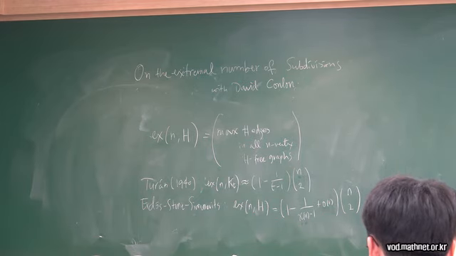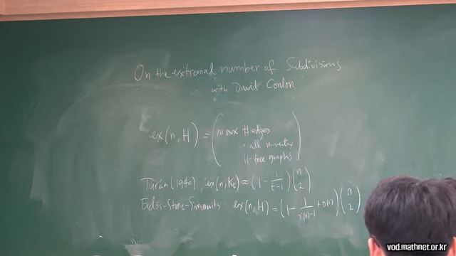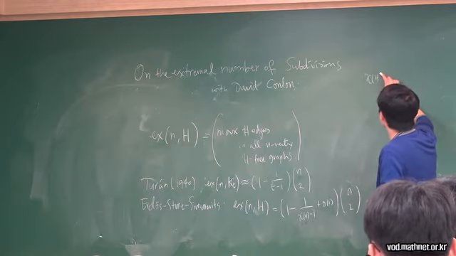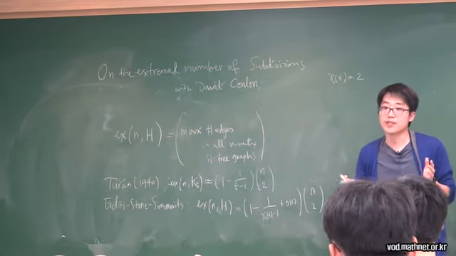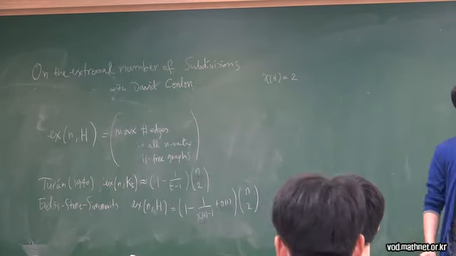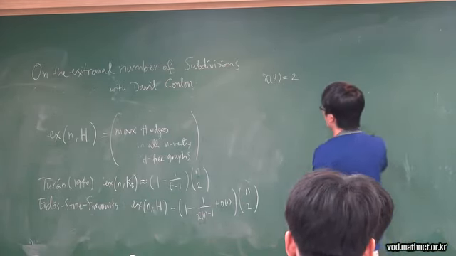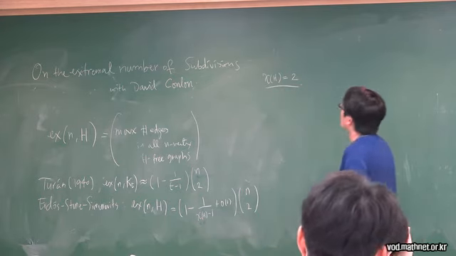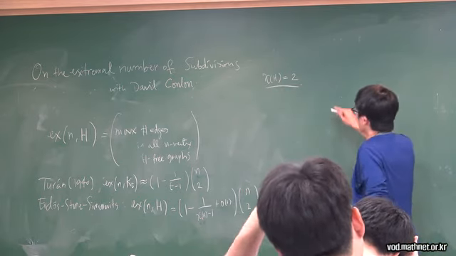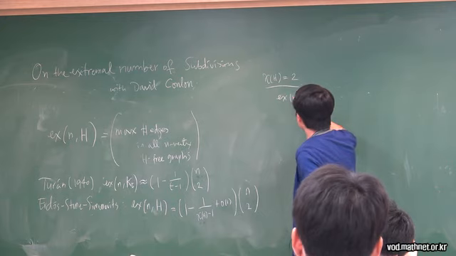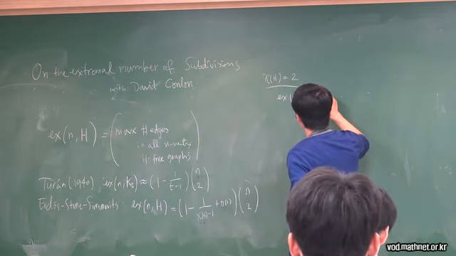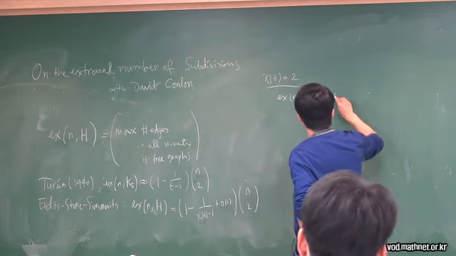This seems quite satisfactory at first glance, but when my graph is bipartite, which means the chromatic number is just 2, this doesn't tell much about the extremal number. If I put the chromatic number to be 2, then what I'm getting is just little-o of n squared.